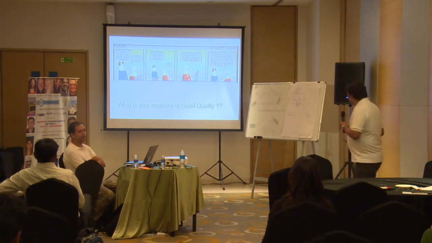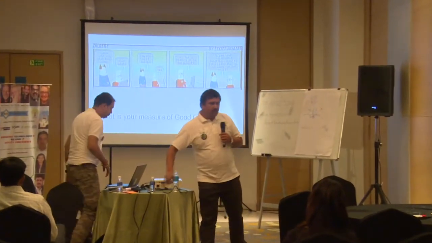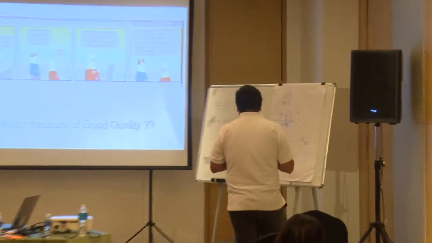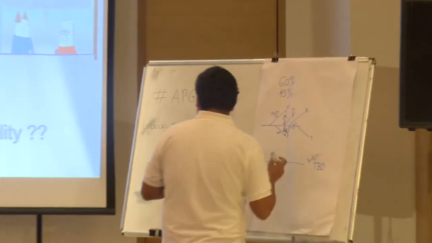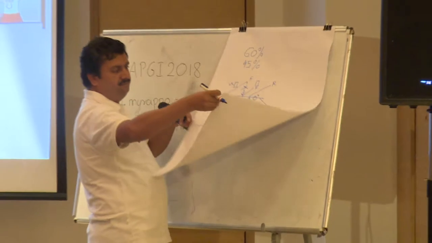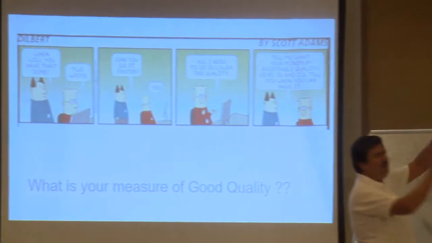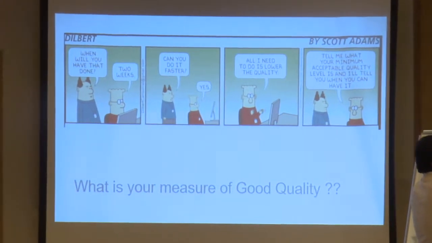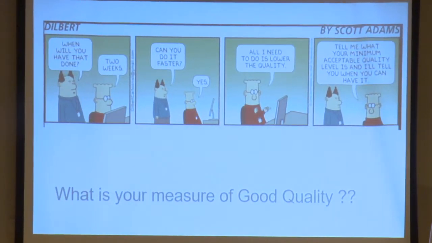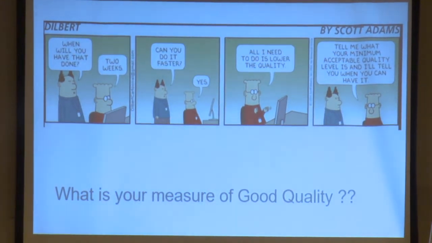According to you, what are the different attributes of good quality? How do you measure the quality? Some thoughts? How do you define quality, or on what basis will you measure the quality? No bugs. Okay.